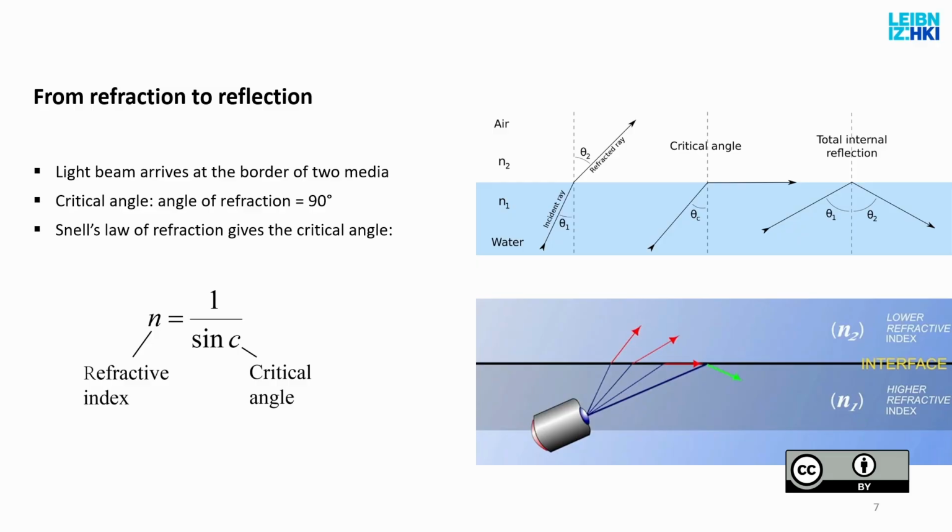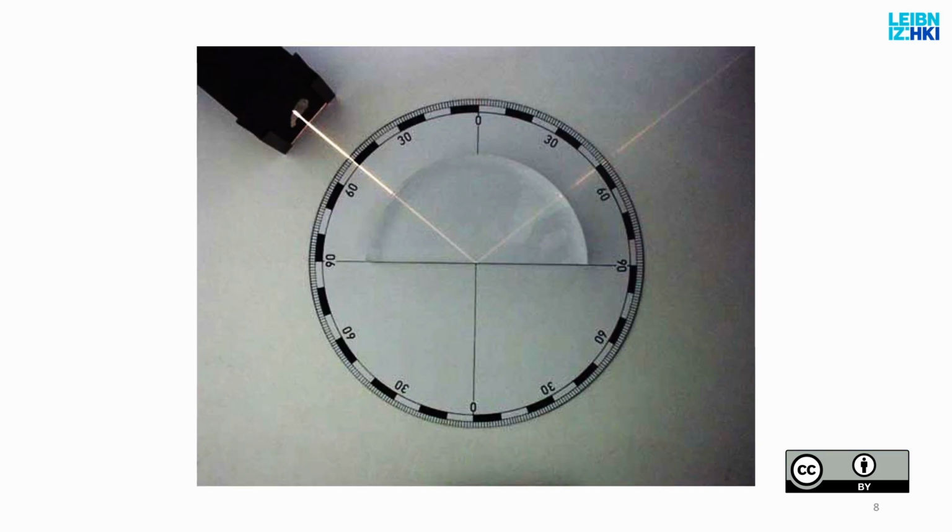This is called total internal reflection, for the obvious reasons. And this can be calculated simply using the relative refractive index. And this will give you the ratio of 1, and this will give you the critical angle. You can prove it by taking, again, our previous half circle plexiglass or half disc plexiglass.